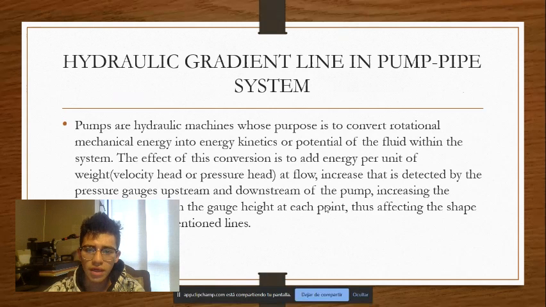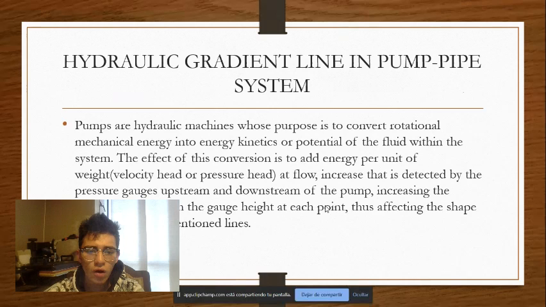Hydraulic gradient line in a pump pipe system. Pumps are hydraulic machines whose purpose is to convert rotational mechanical energy into kinetic or potential energy of the fluid within the system.